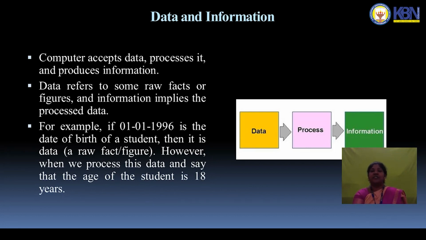Like in the figure, data connects to the computer with an arrow mark, and after the collection of data, the data is processed. After processing the data, you will get the output. We call it information. For example, student name, roll number, class, section or college is complete data. We can add marks, percentage of marks, average, all this information.